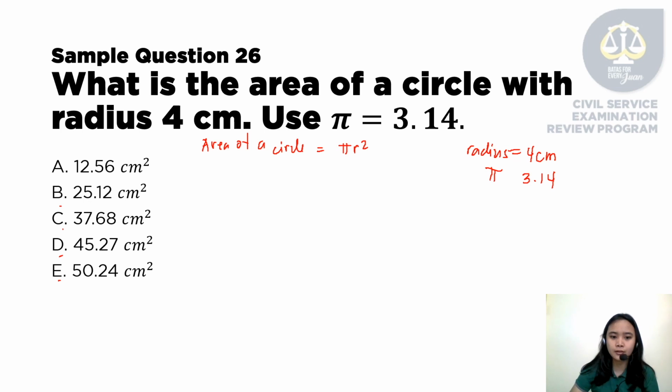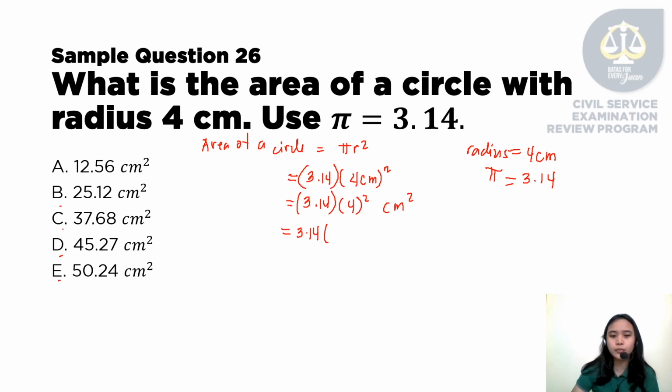So, therefore, yung area natin, which is equal to pi r squared, equal lang yan ngayon sa 3.14, that is yung value ng pi, times radius natin na 4 cm squared. So, simplifying, meron tayong 3.14 times 4 squared cm squared.